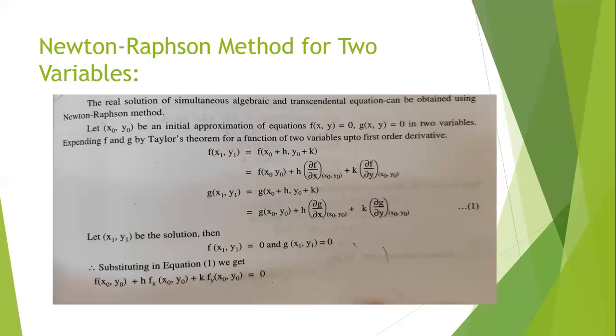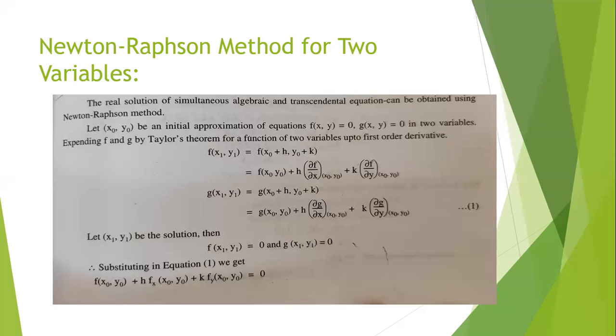Let x1 comma y1 be the solution. Then f of x1 comma y1 is equal to 0, and g of x1 comma y1 is equal to 0. And how to find the values of x1 and y1? By using the equations.